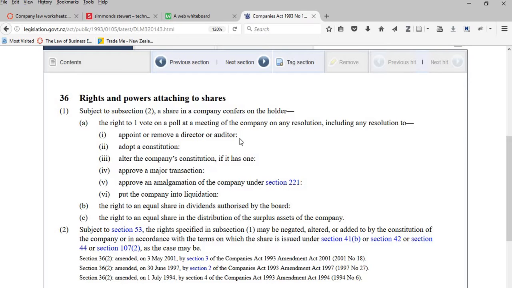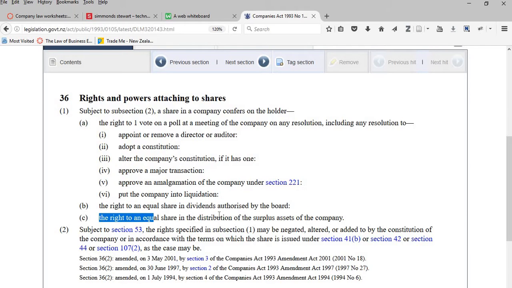So that's hugely important. Now the default position, meaning if you don't have a constitution to change these rules, is these rights apply to every share, and also they have a right to an equal share in dividends. So everybody gets paid the same at the same time, which might not be suitable for investors.